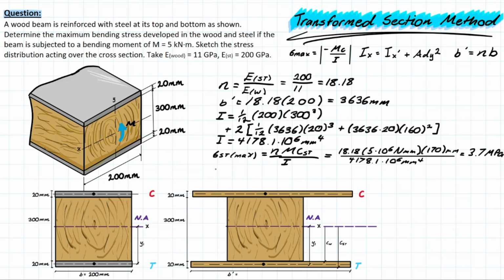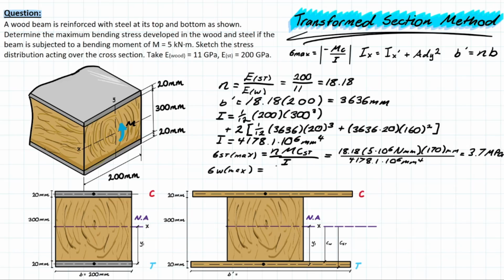We can do the same thing for the max stress at the top of the wooden fiber. So we have the stress in the wood max is going to be equal to the same type of plugging, except we already have this section as wood, and our inertia value is represented by a transformed wooden section. So we don't need to use this modular ratio.